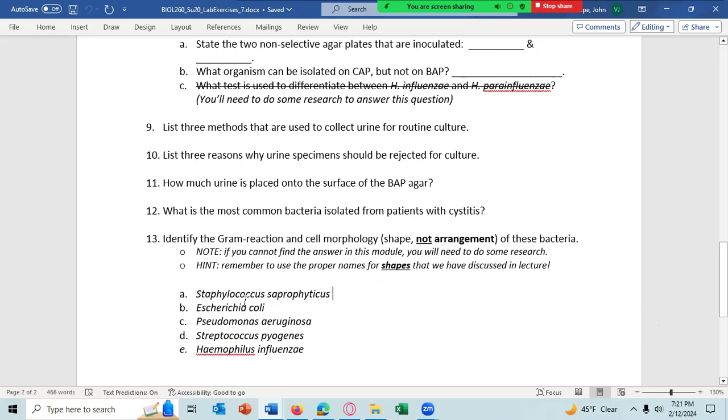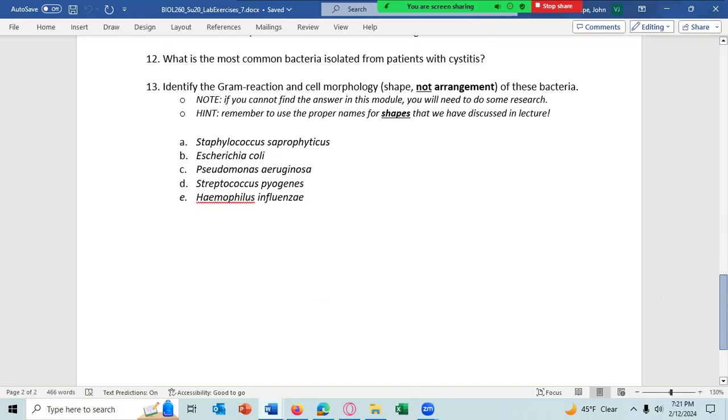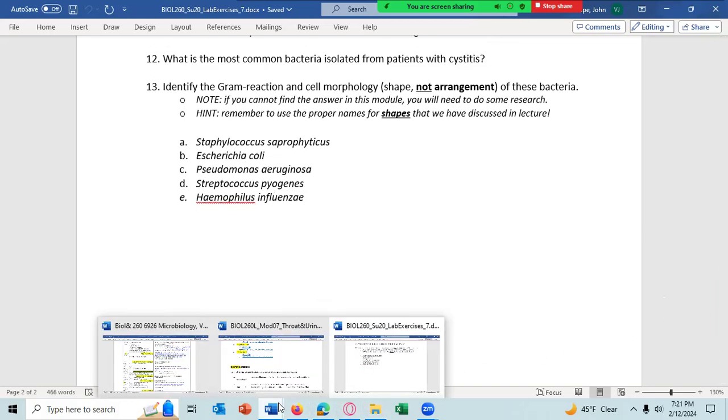So give me the gram stain for Staphylococcus saprophyticus and the cell morphology. And then for E. coli and Pseudomonas aeruginosa, Streptococcus pyogenes, and Haemophilus influenzae. And Haemophilus influenzae is mentioned in the lab module at the bottom of it.